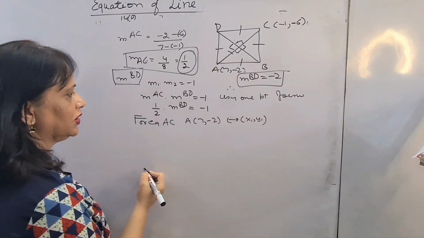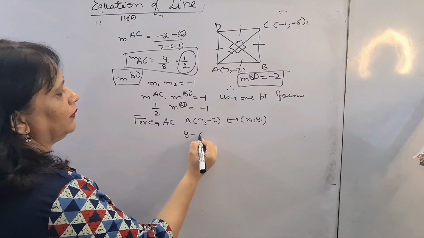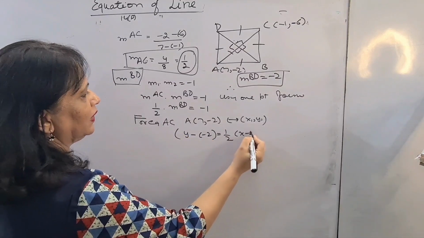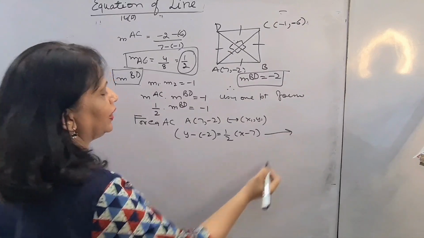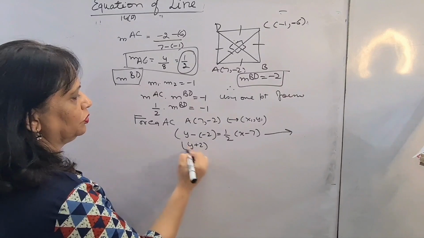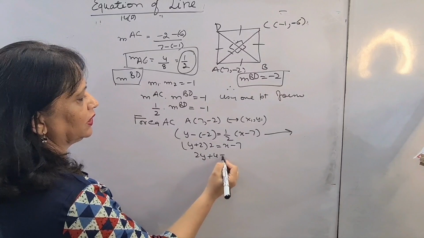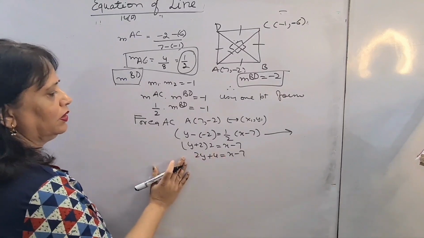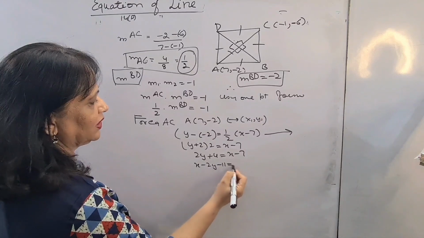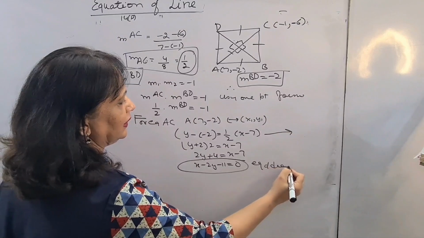You can take C also, but I have taken A. y minus (minus 2) is equal to 1 by 2 into (x minus 7). Then y plus 2 into 2, or 2y plus 4 is equal to x minus 7, and get all the terms on one side. You get x minus 2y minus 11 is equal to 0.